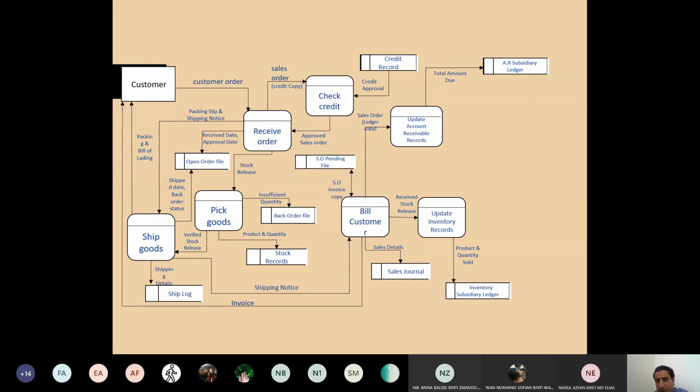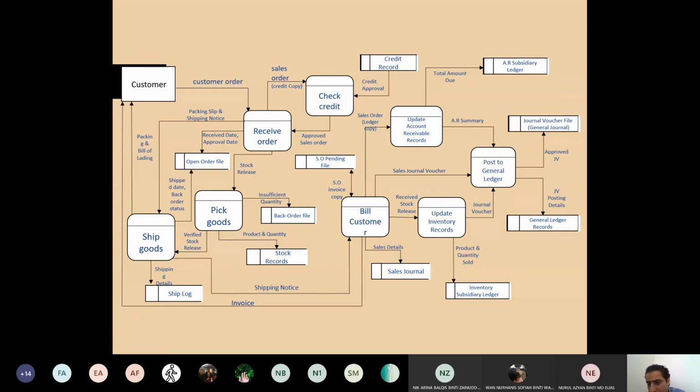Then update the subsidiary ledger of inventory and account receivable, and then update the sales journal voucher, and we post all of this in a summary to the general ledger. Finally, we update the general ledger record and general voucher files.